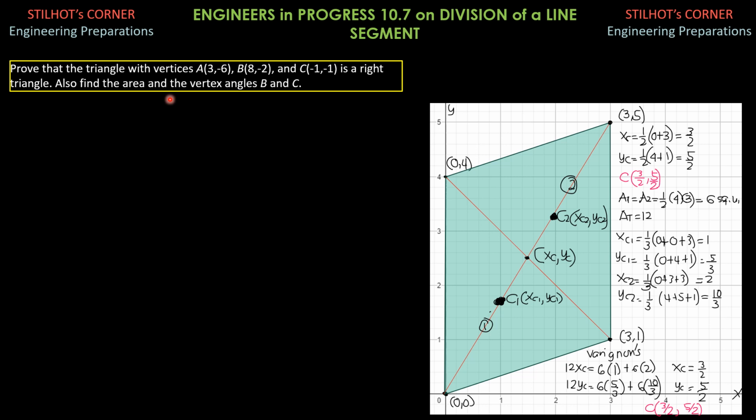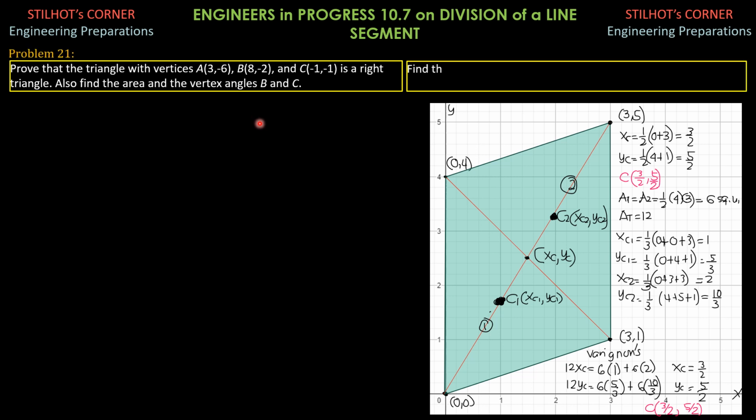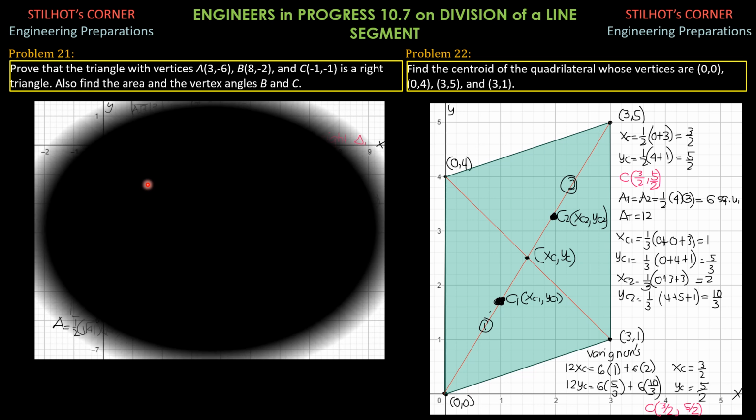If not, let's apply area by coordinates. For the vertex angles, let's just form right triangles, find the slopes of rays or sides, then we can find the angles. So that's problem 21. This is problem 22. Let's focus first on problem 21.